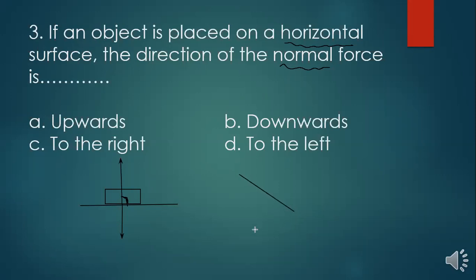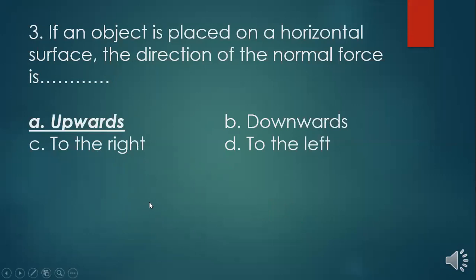In this case, and here's the box, in that case, the normal force is still perpendicular to the surface. However, Fg is always pointing straight downwards. Don't forget that, right? So here the answer is A because we are dealing with the first drawing, this one. Okay, so the answer is A, upwards.